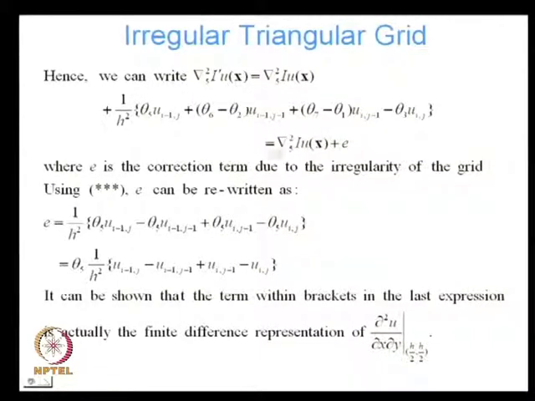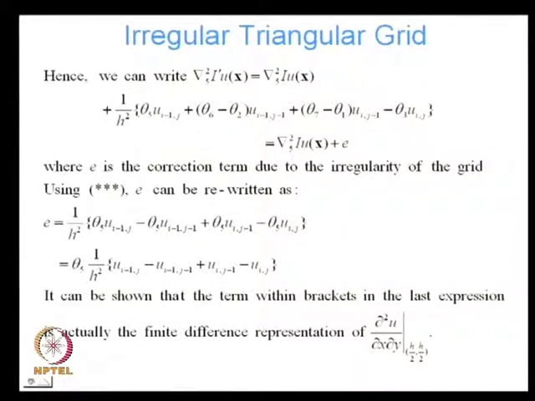So, my new Laplacian on the irregular grid is the old one using the regular grid plus an error term, and the error term can be represented by theta 5 times this. Now, it can be shown that this term is actually a finite difference expression for the mixed derivative, right. Up till now we were considering the Laplacian, but when we move to an irregular grid, it also involves the finite difference approximation for the mixed derivative.